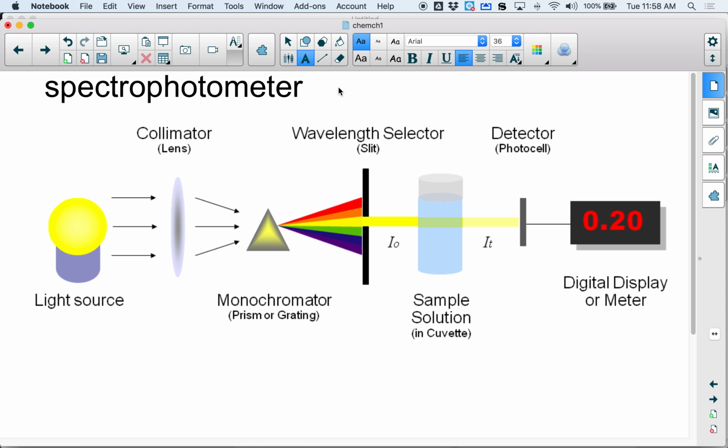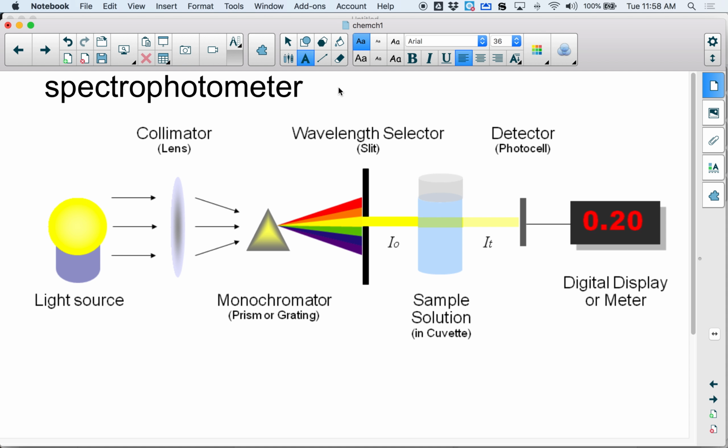Now here's the way this works. If there's nothing in here, then the light that comes through should not get blocked. But if there are particles in here, even things as small as sugar, right? Sugar you can't see with the naked eye, but it will absorb some of the light as it goes through. So as it goes through, some of the light will get absorbed.